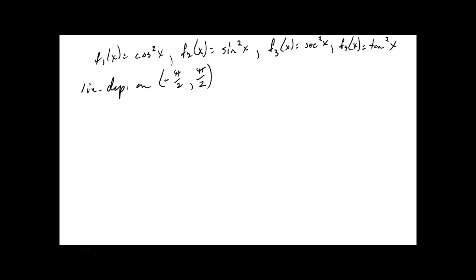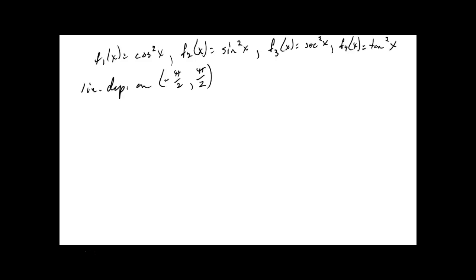Remember, secant and tangent are both something over cosine. And cosine is 0 at negative pi halves and pi halves, so you can't have anything in the interval for which they're not defined. So no, this is the biggest interval you can have. You can have another one like pi halves to 3 halves pi, or negative 7 halves pi to negative 5 halves pi, as long as they're open intervals and you don't include the endpoints. But no, you can't have anything bigger than that.